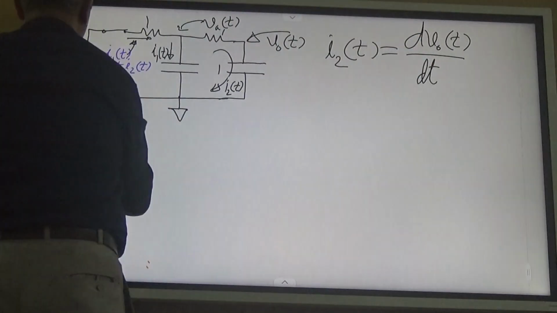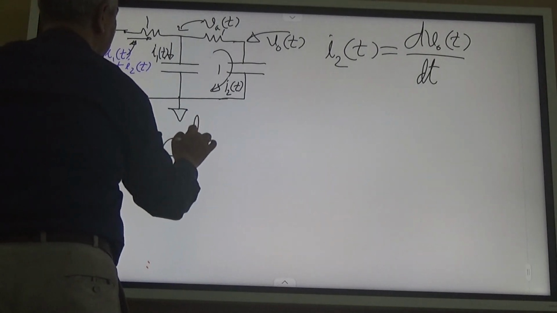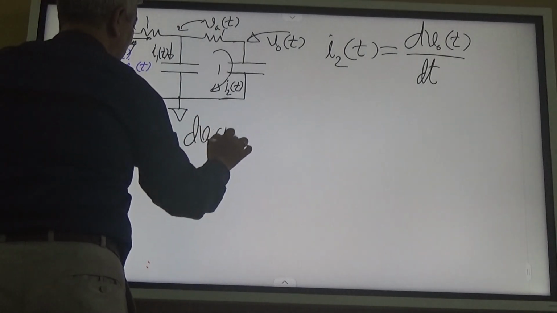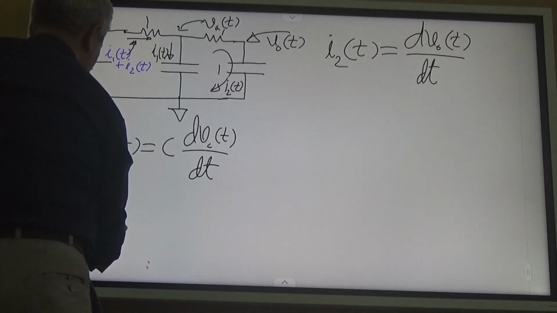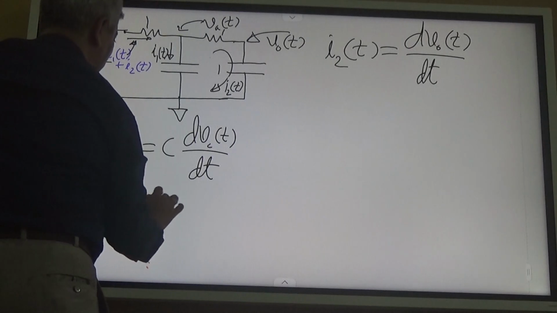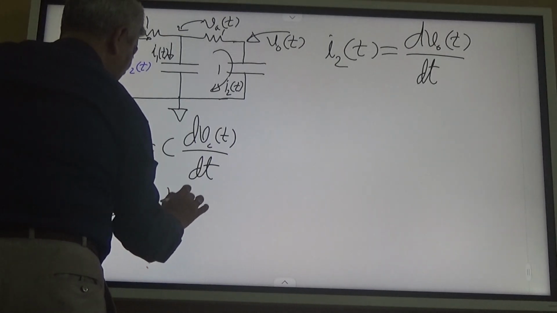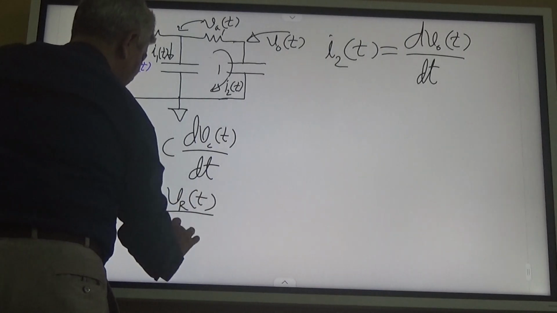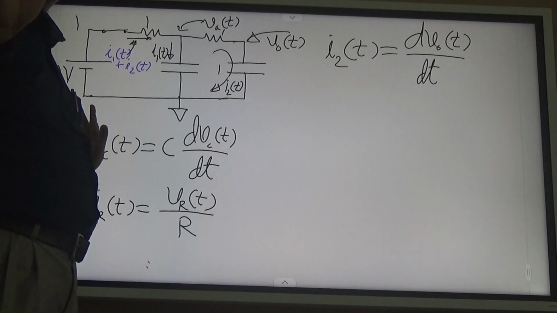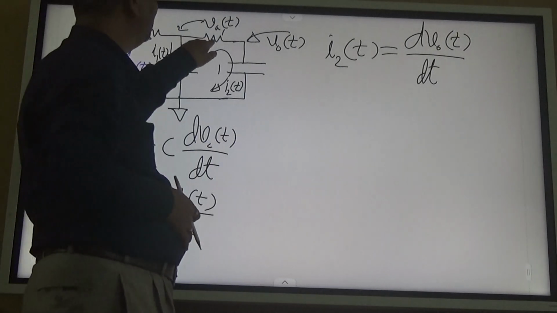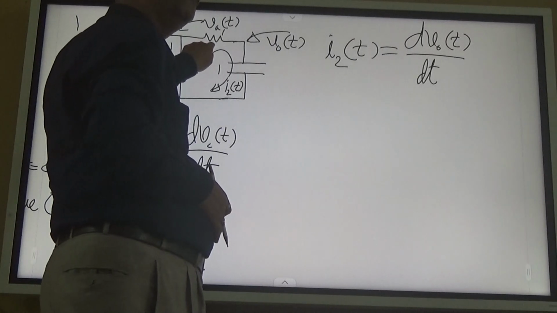Two governing laws: ICT is equal to C dVCT by dt for any capacitor, and for any resistor, it need not be said, but we say IRT is equal to VRT upon R. Is it okay? Now for this resistor, what can we write?